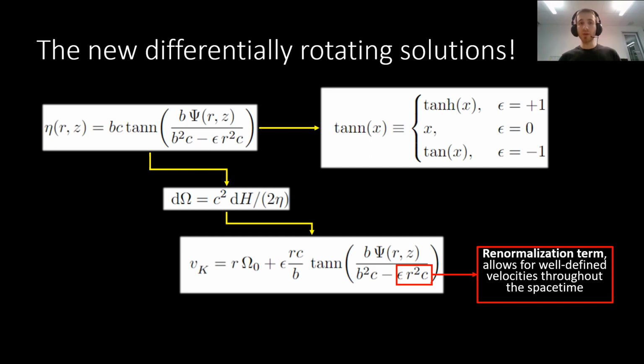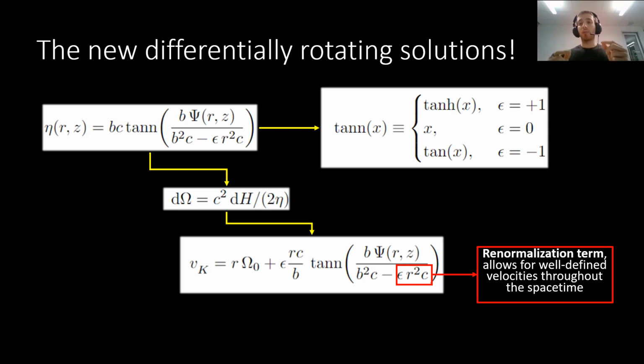This solution gives us the relation between eta and psi, and very importantly, as we can see on this slide, through a known relationship between h and omega, the rotational speed, they also directly give us our observable Vk.